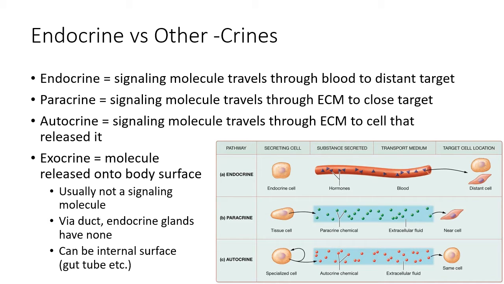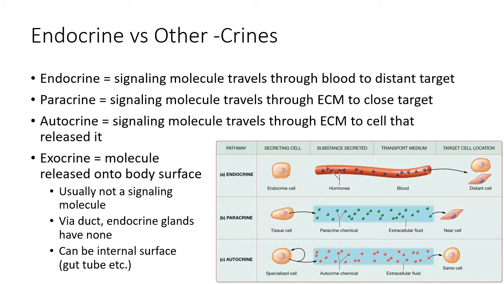Endocrine secretion is just the secretion of a hormone into the blood. You also have exocrine secretion. Exocrine secretion involves some type of substance being released onto a surface of the body. That could mean the skin, the external surface, but it could also be an internal surface, like the gastrointestinal tract.